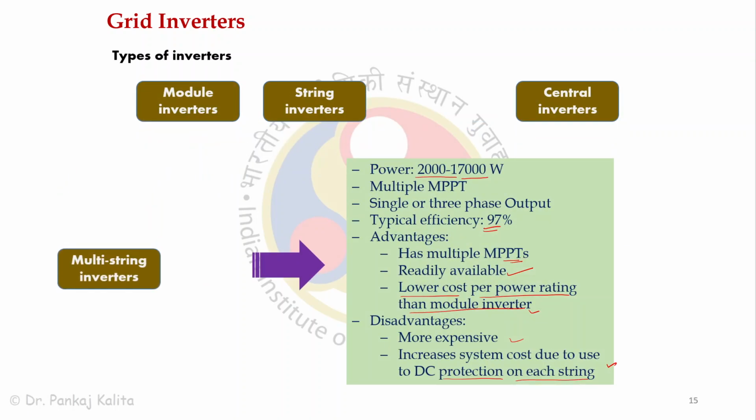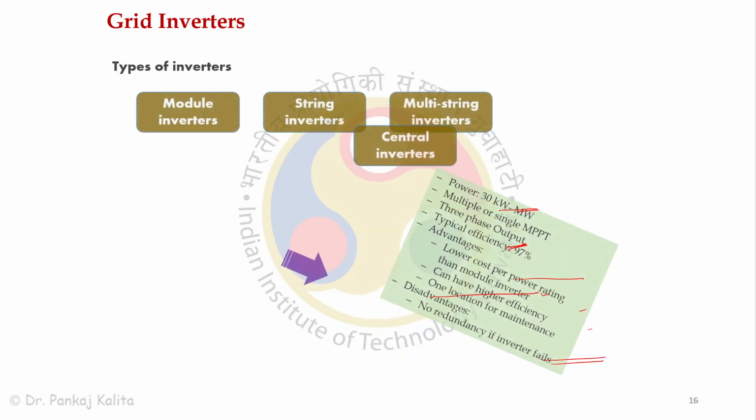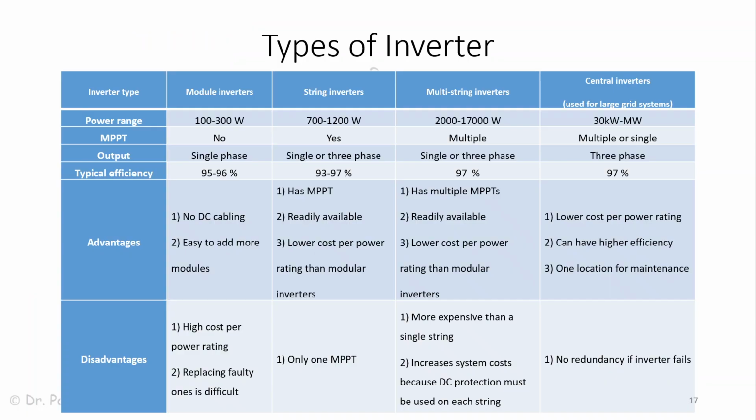Multi-string inverters have MPPT. Similarly, string inverters also have MPPT. But there can be a question like which of the inverters has MPPT, or doesn't have MPPT? String has MPPT. Module doesn't have MPPT, so no MPPT is there. Based on the different types of inverter, the table here lists all those things.